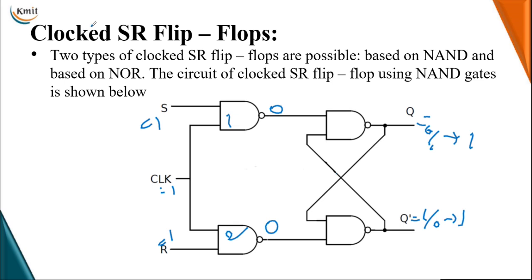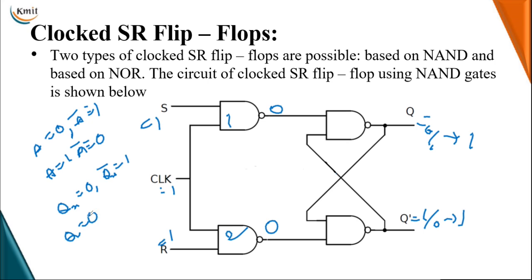Now in Boolean algebra, if A is 0, A bar must be equal to 1. This is called complementation. If A equal to 1, A bar must be equal to 0. Similarly here, if Qn is 0, Qn bar must be 1. That is the natural complementation law. But in this last case, S is 1, R is 1, you are getting Q is 1 and Q bar is also equal to 1, so both are logical ones.